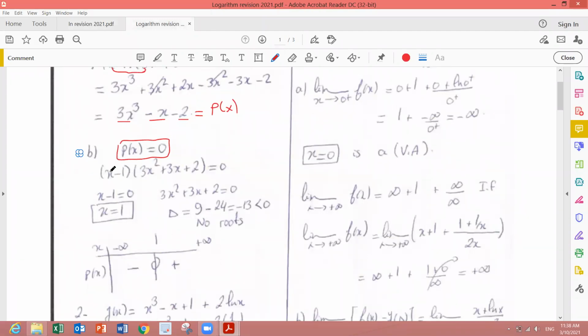We take the factorized form, (x minus 1)(3x squared plus 3x plus 2) equal to 0. So x minus 1 equal to 0, then x equal to 1. And 3x squared plus 3x plus 2 equal to 0: delta will be negative, we get no roots.